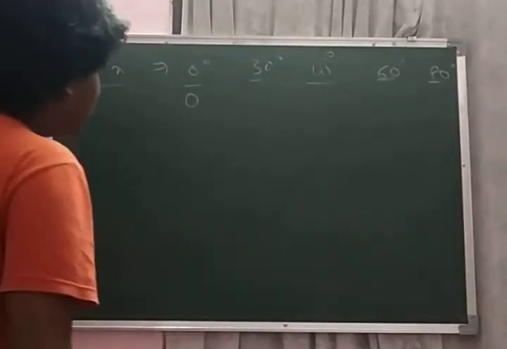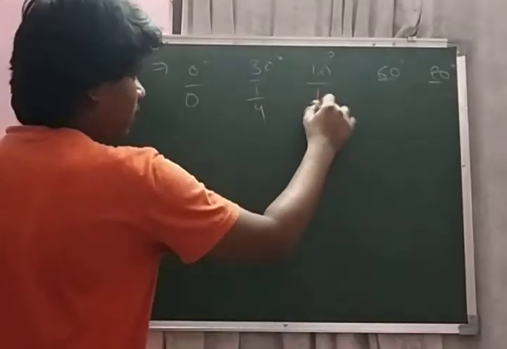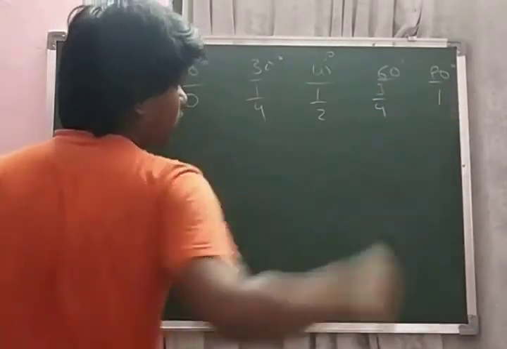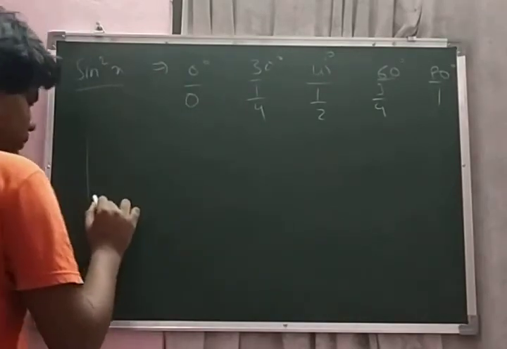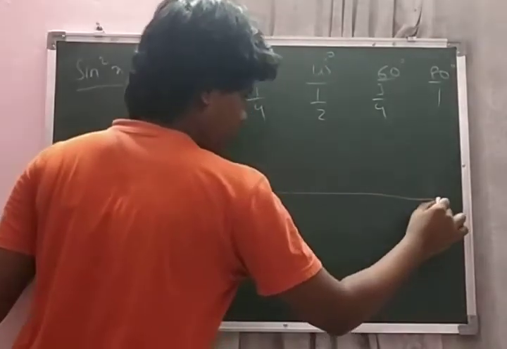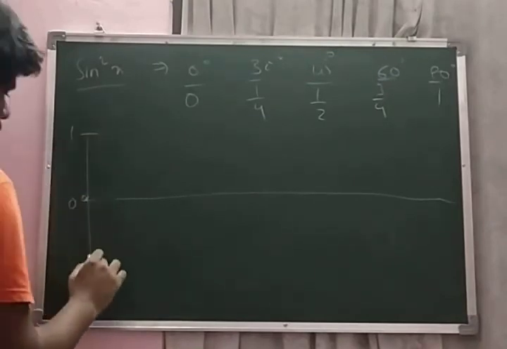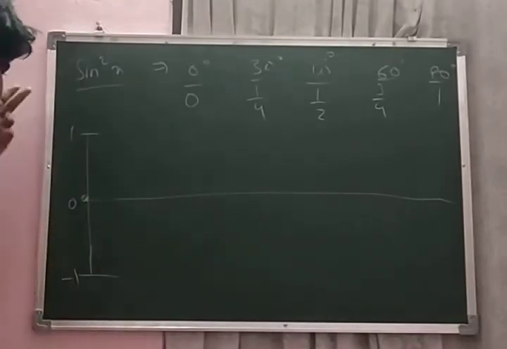Sin 30 is 1 by 2 and here 1 by 4, and it is 1 by 2, it is 3 by 4 and it is 1. So now if you consider the limits, it is 0, it is 1 and it is minus 1. So it is below the y-axis, above the y-axis.